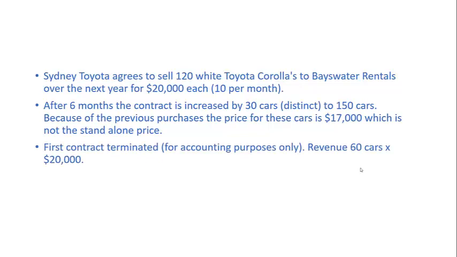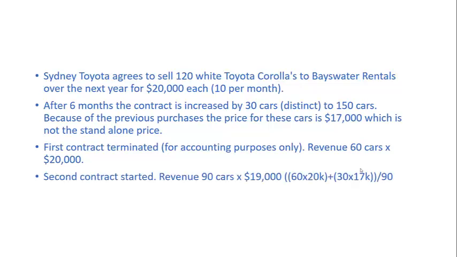So that's a constraint. The first issue here is that we can't go back and rewrite history. Once we've recognised the revenue, we can't go back and adjust it. So what we do on the modification date is that for accounting purposes, we terminate the first contract and limit it to 60 cars at $20,000 each.